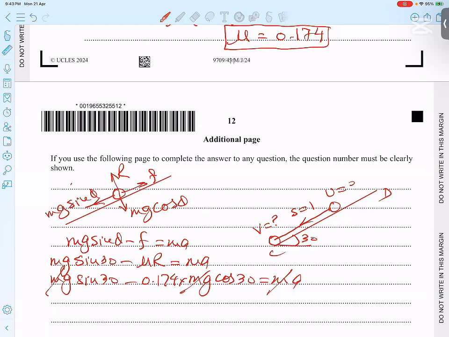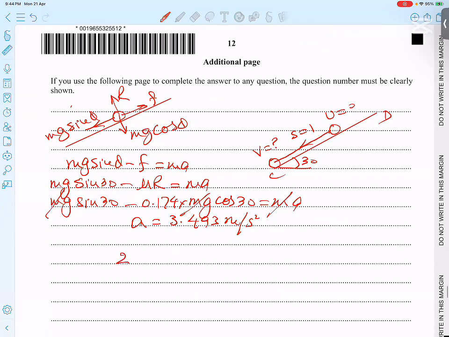Now I'm typing in the calculator, so let's see what happens. Sine 30 into 10, minus 0.174 into 10 into cos 30, and I'm getting the acceleration as 3.493 meter per second square.